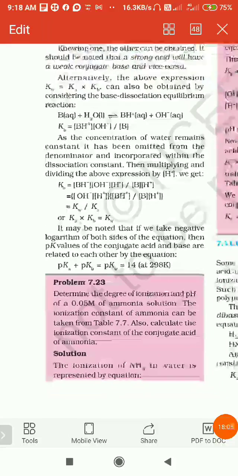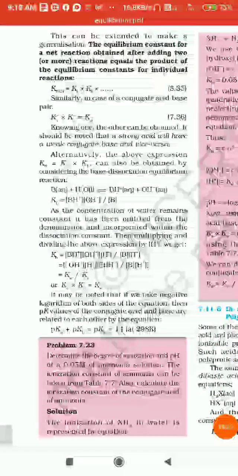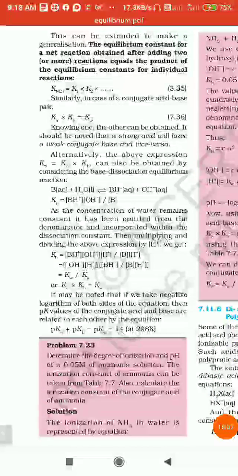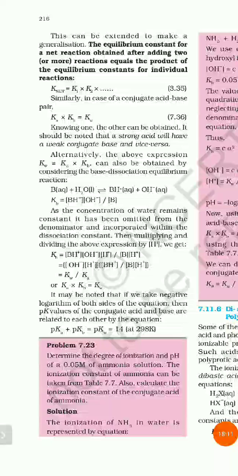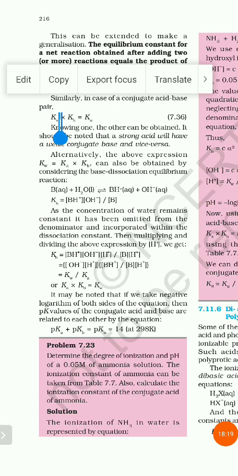Both are the overall reaction values, pKa and pKb. So the relation between acid and base constants, Ka and Kb, is given by these expressions. For a conjugate acid and conjugate base, the overall reaction is Ka into Kb equal to Kw.